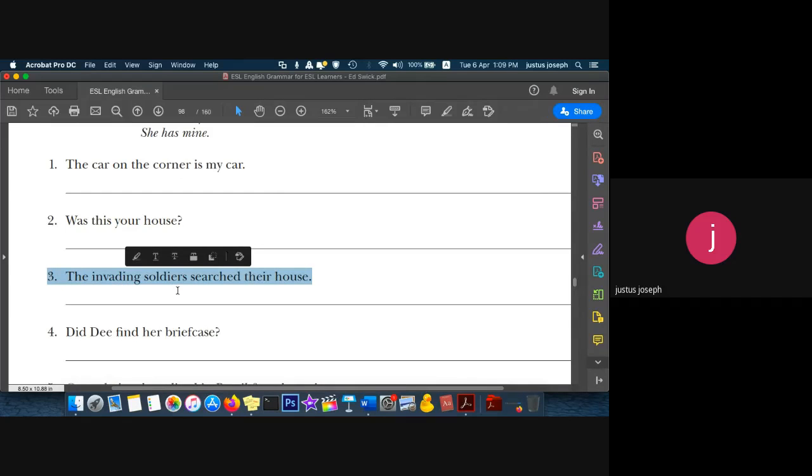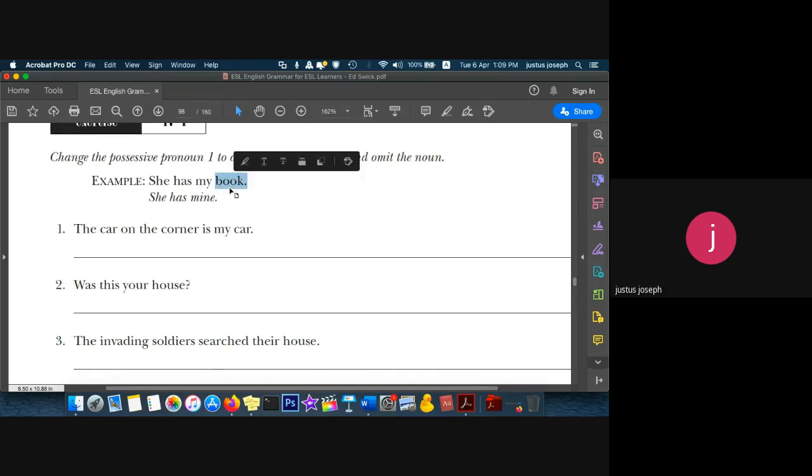The invading soldiers searched their house. That's what we did here, right? Omit the noun.